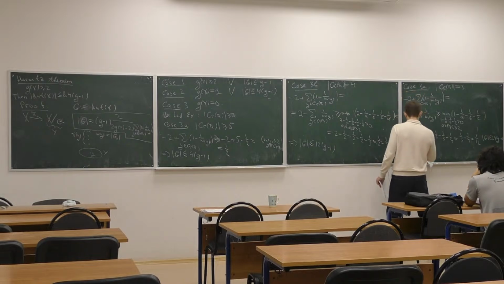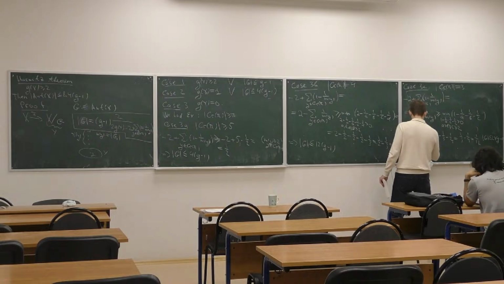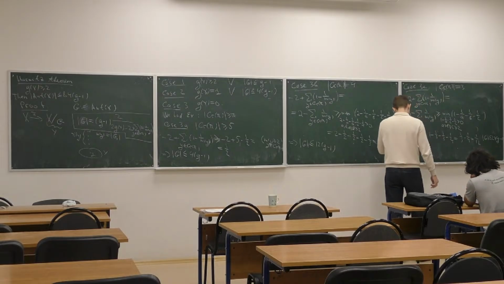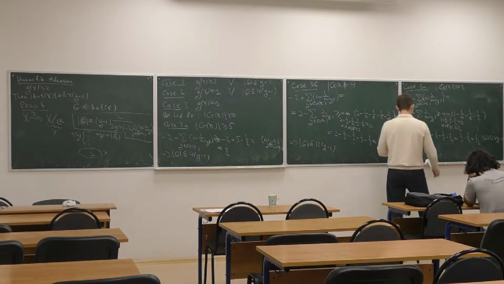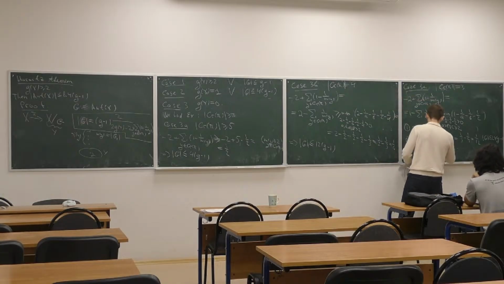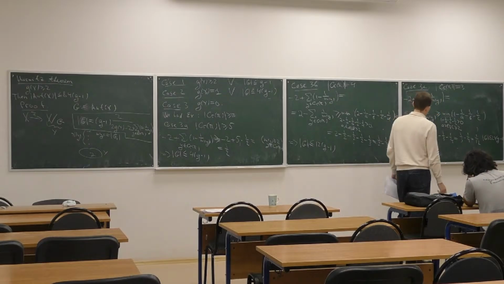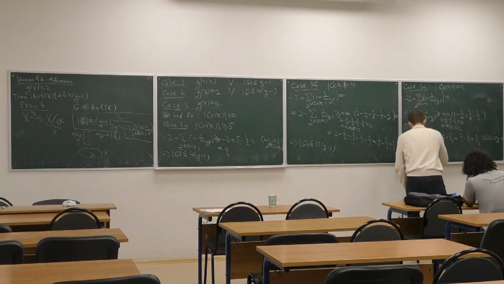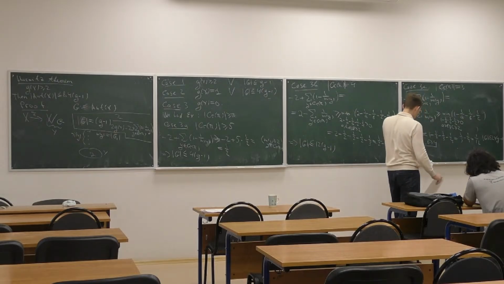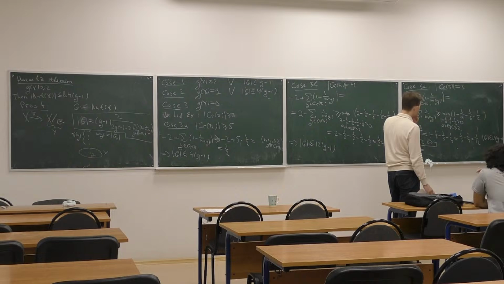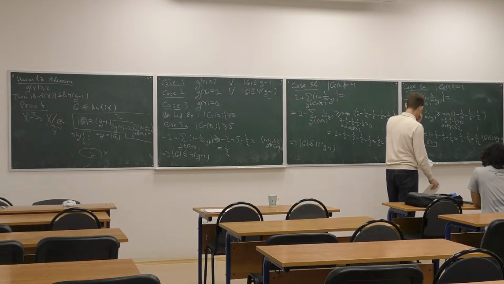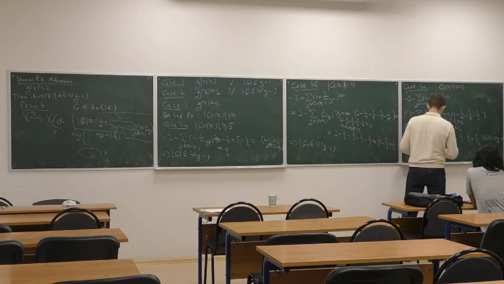Then the second case is when C equals 2 and B is greater or equal to 4. Okay, then what is the minimum in this case? Yes.